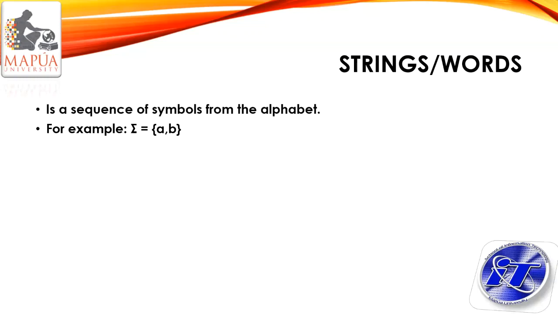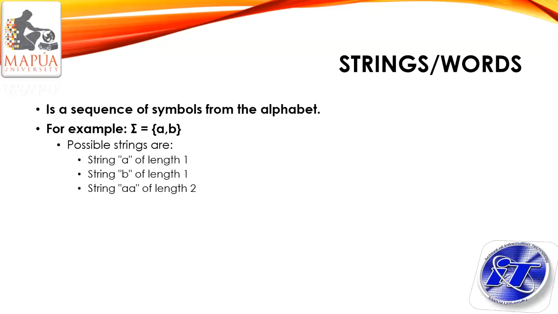For example, if our sigma contains A, B, our string could be from this alphabet. So we could have a length of 1 that contains A or a length of 1 that contains B. Another example, length of 2, which contains AA, or AB, or even length of 3, which contains AAA. So length defines the number of symbols in a string or word.